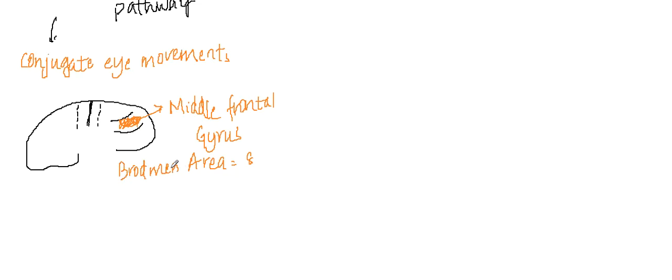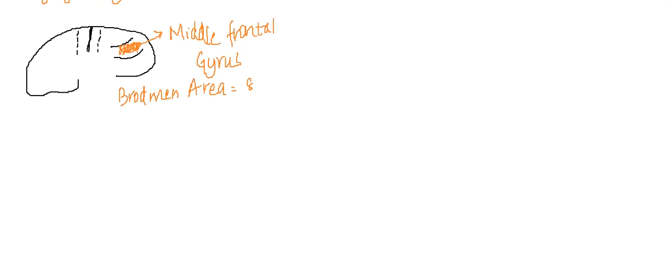Okay, so now for the pathway, let me draw a cross sectional view. This is the cerebrum, midbrain, then pons, medulla, and spinal cord.